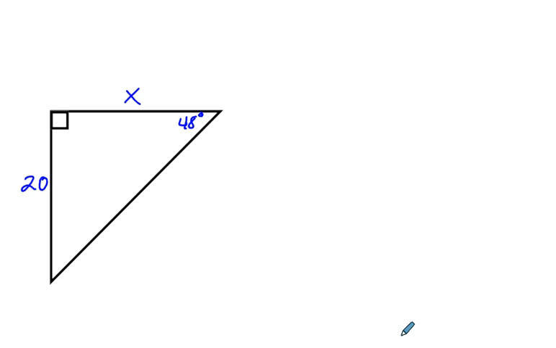In this example, we're going to be working with right triangles and the three basic trig functions.